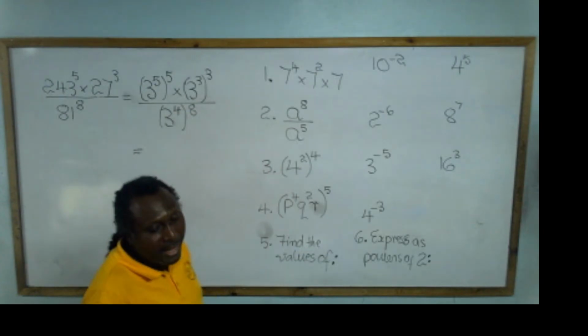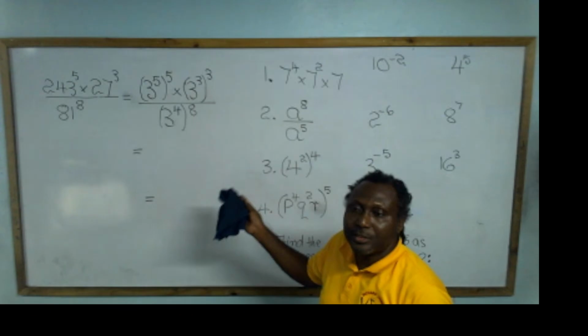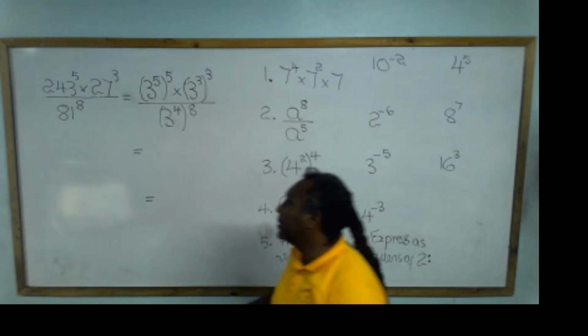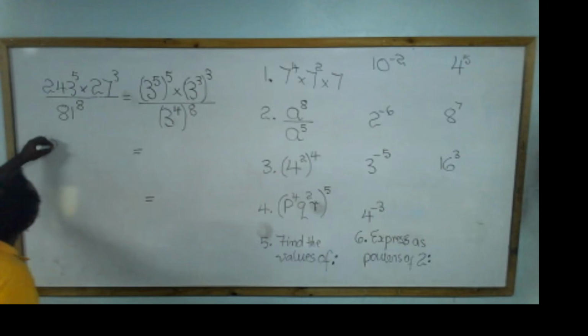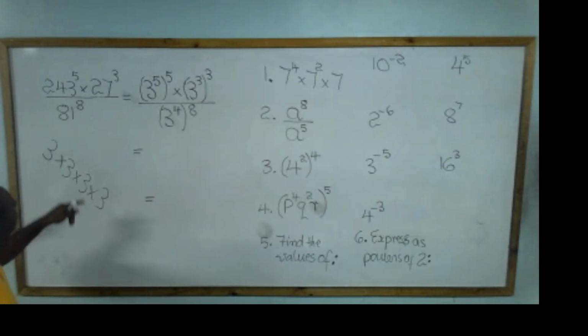What do I mean when I say 81 is 3 to the power of 4? If you take 3, multiply by 3, multiply by 3, 4 occurrences of 3, 1, 2, 3, 4, multiply them together, you are going to get 81.